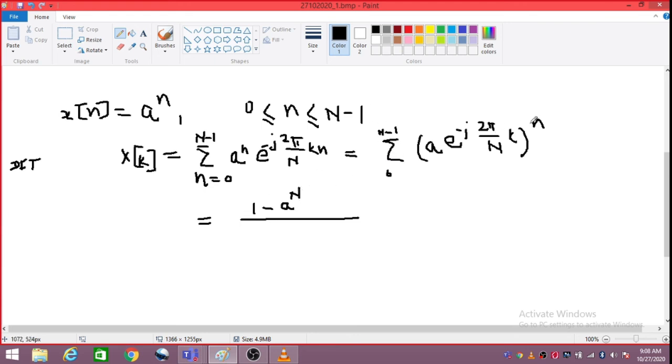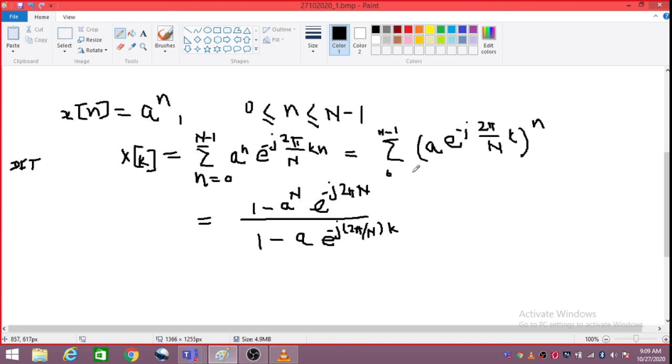So 1 minus, because first term is 1, and the common ratio is this, raised to power n, because total number of terms are n. 1 minus a e raised to power minus j 2 pi by n k.